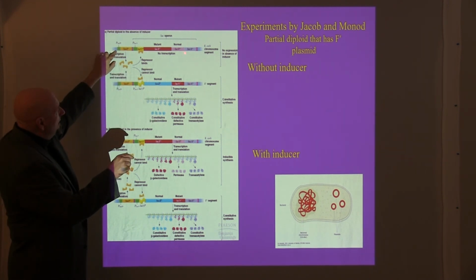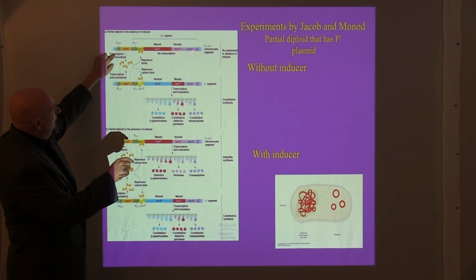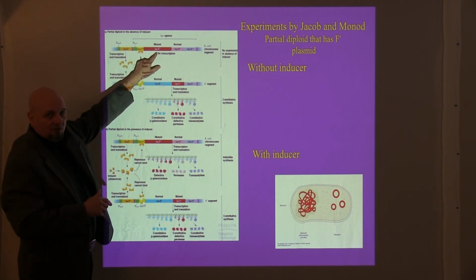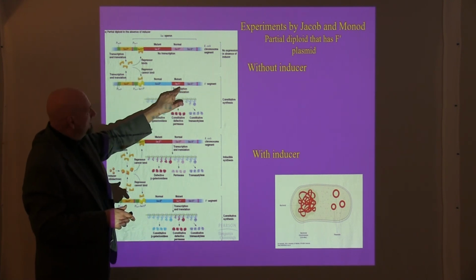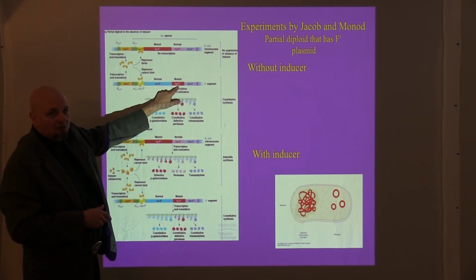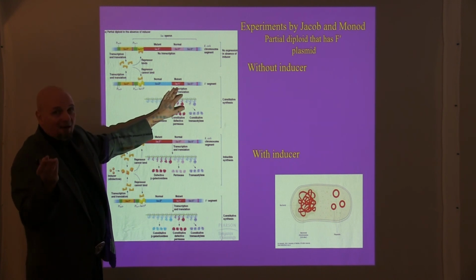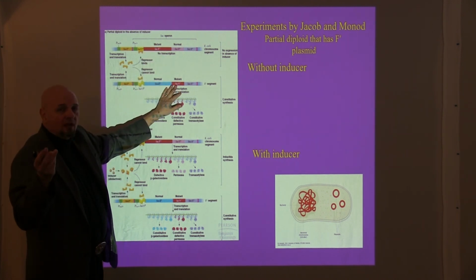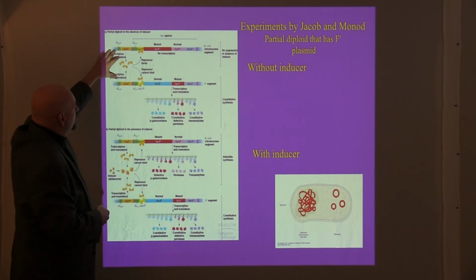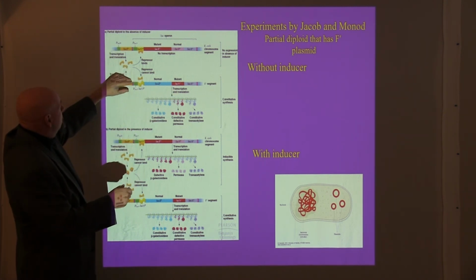So in this one with the bacterial cell, basically they had a mutation of lac Z, so they could quickly determine that that's the operon that was on. Whereas on the F', they had a mutation for the permease, and they could quickly assess if that operon was on. So they could tell which operon was on based upon whether they had the inducer there or not. So in this case here, no expression in the absence of the inducer.